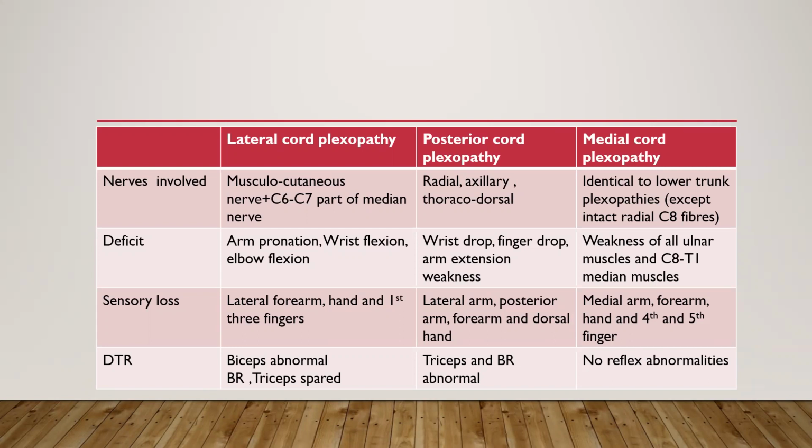Triceps and brachioradialis reflexes will be impaired. The medial cord is identical to the lower trunk except for extensor indicis. The main difficulty is always differentiating between posterior cord, radial nerve palsy, and the lateral cord and upper trunk.